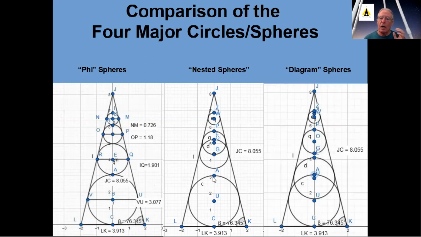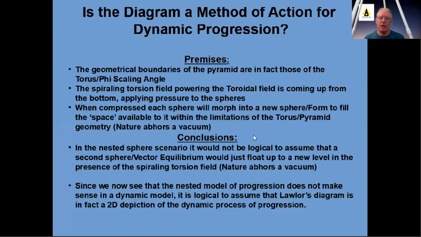So nature would not allow that to happen, because, as I say here in the conclusions, in the nested sphere scenario, it would not be logical to assume that a second sphere or vector equilibrium would just kind of float up to a new level in the presence of the spiraling torsion field. If you remember the video that Buckminster Fuller did, there's constant pressure being put on this.